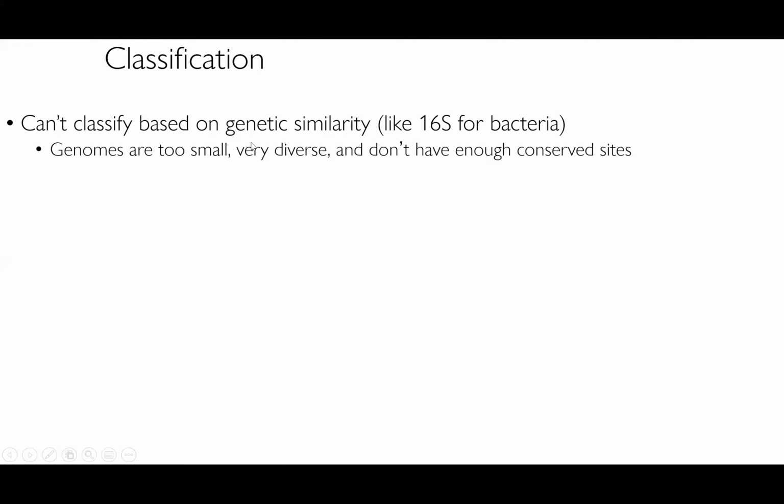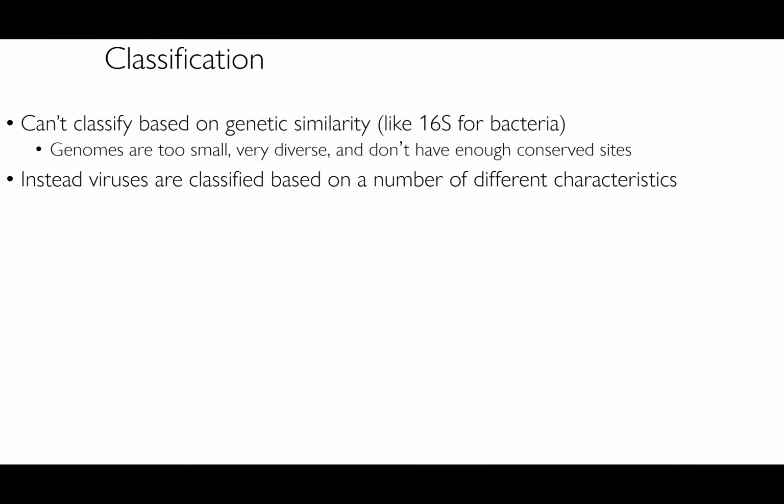They're very diverse, and they don't have enough conserved genes. Even within a given family of viruses, there's a vast diversity of the genome. To put that in perspective, think of all the different strains of the flu virus. It has immense diversity of the genome itself.